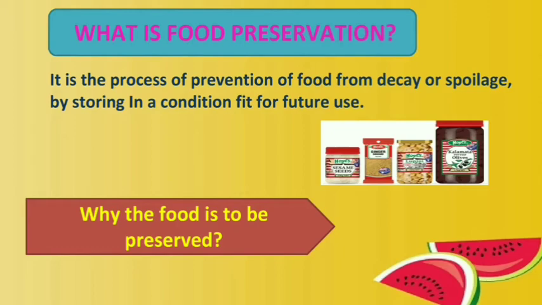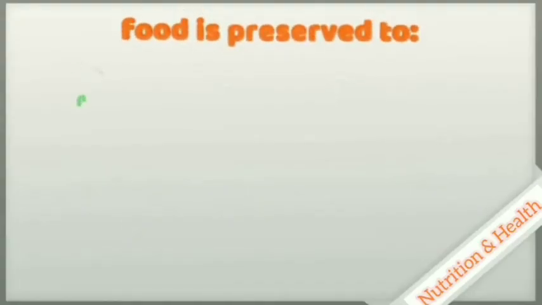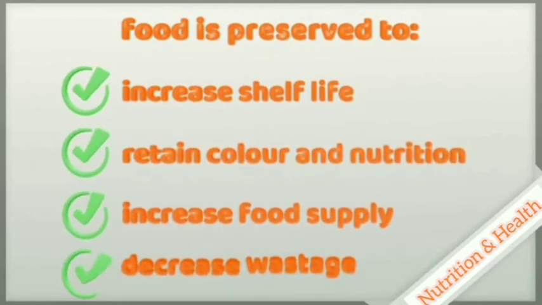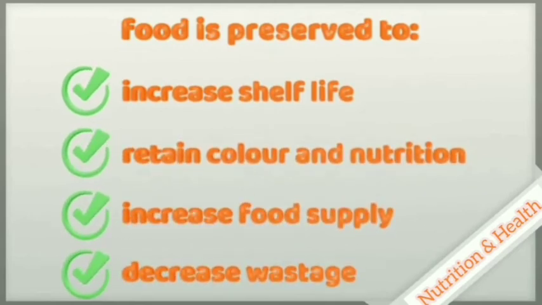So let me tell you the objective of food preservation. Why are we preserving the food? To increase the shelf life of food. Shelf life in the sense of the outer coverage.